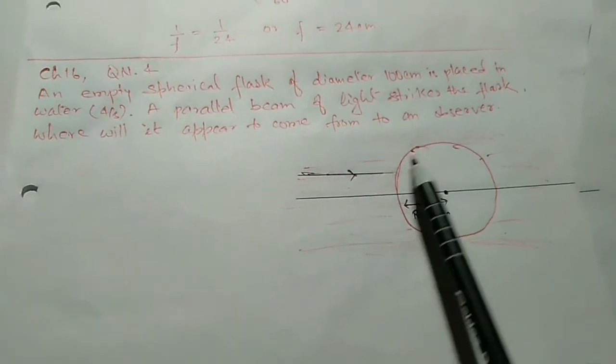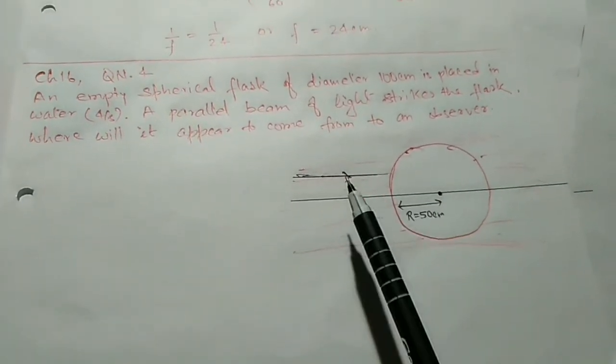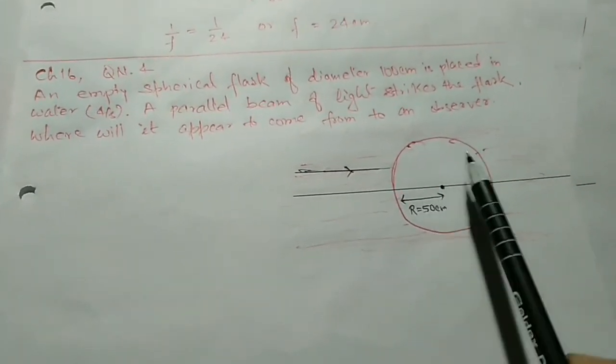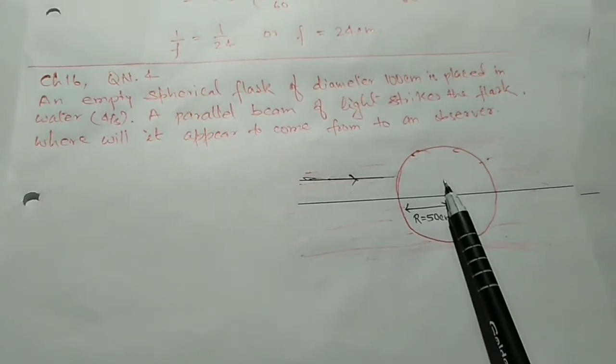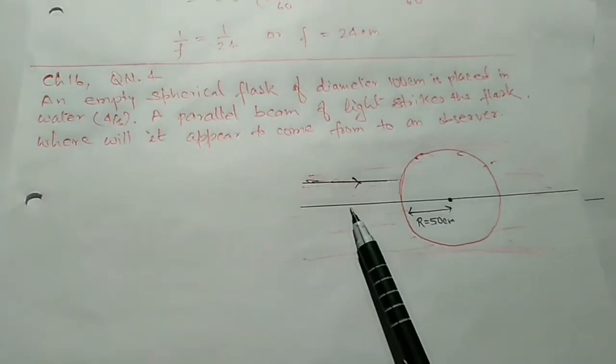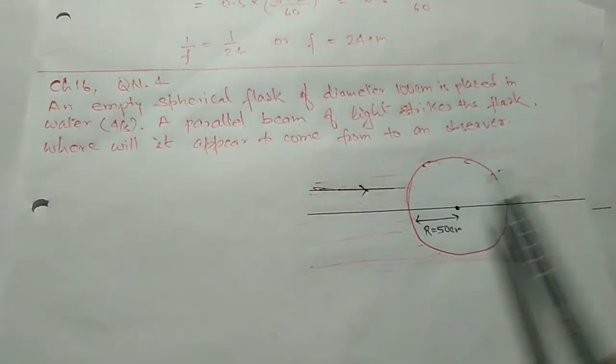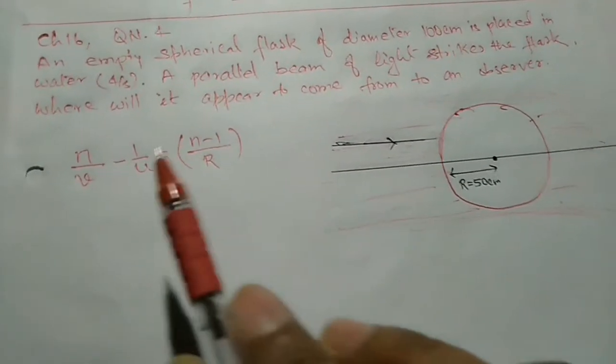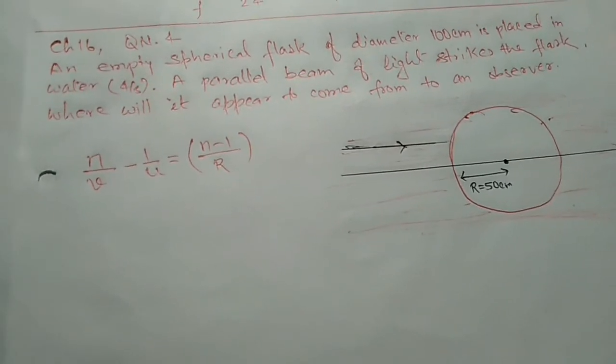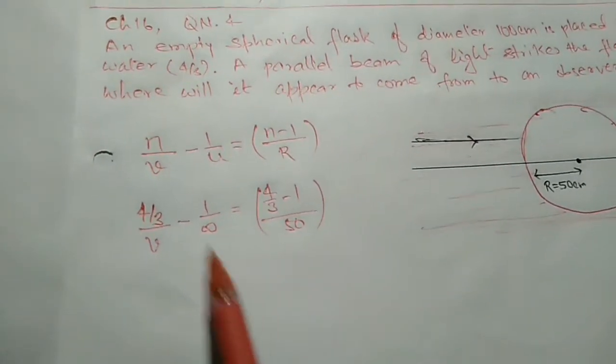For this light ray, this surface is convex, moving from denser medium to rarer medium. This is empty, meaning we consider air. So I am considering this refractive index as 4/3 and this as 1. Using this equation, let's fill in the values.